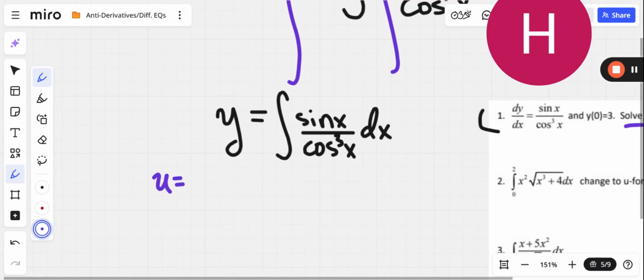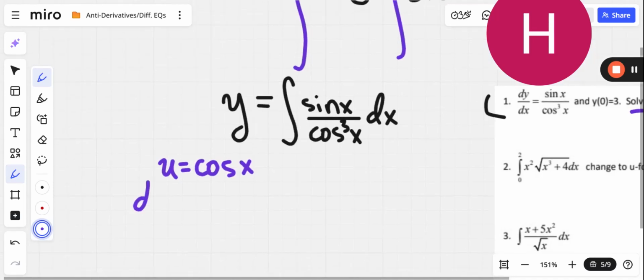Okay, so if we do this with the U-sub, let's make U equal cosine of x. That's the thing on the bottom. A lot of times when you're doing a U-sub to solve an integral, especially in Calc 1, you're going to be substituting the denominator or something in a radical. That's often the case. And if we allow u to be cosine of x, we see that du is pretty much there in a slightly different format.